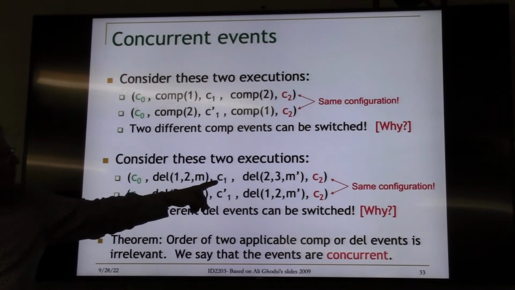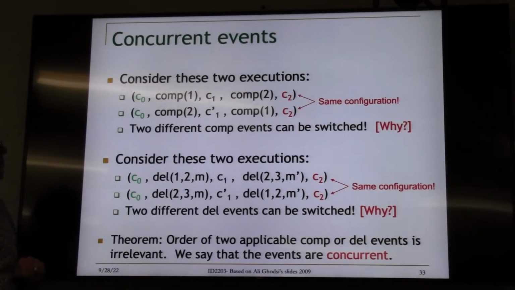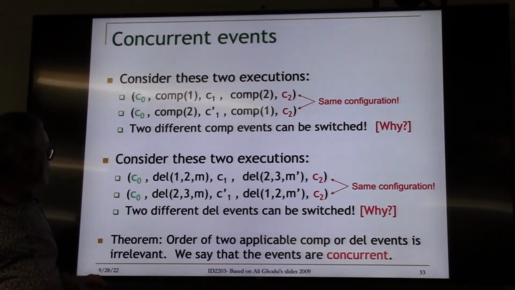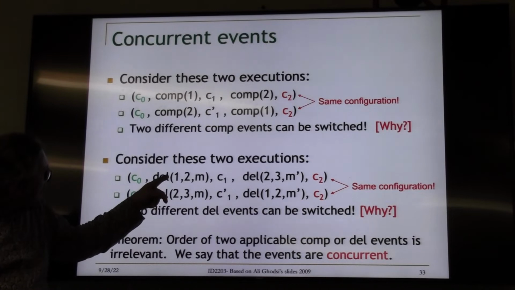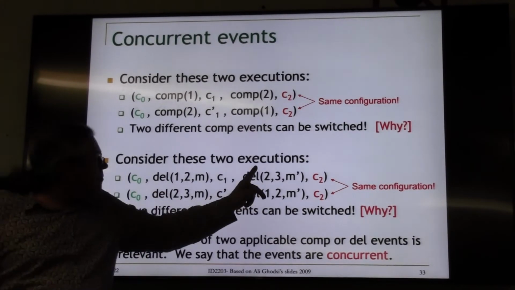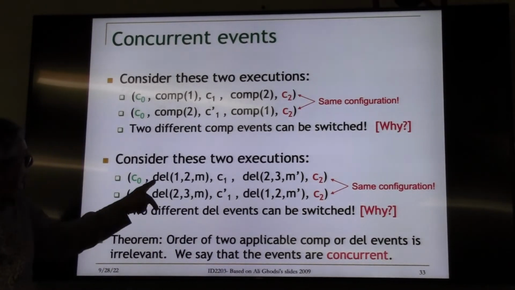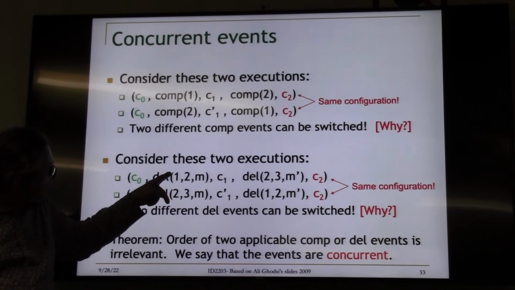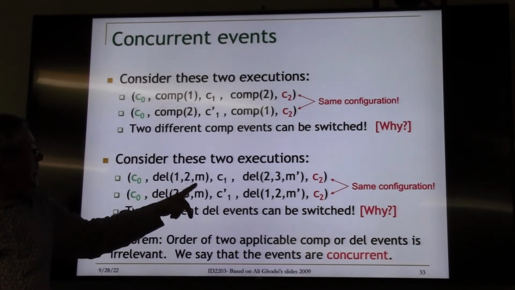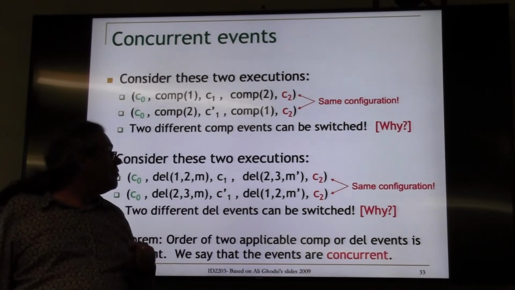Here I have two deliveries. Here I have a message jumping from 1 to 2. Here I have a message jumping from 2 to 3. So this is going from the out buff to the in buff, okay? So in del 1, 2, you have a message jumping from out buff 1 to in buff 2. And here you have a message jumping from out buff 2 to in buff 3.